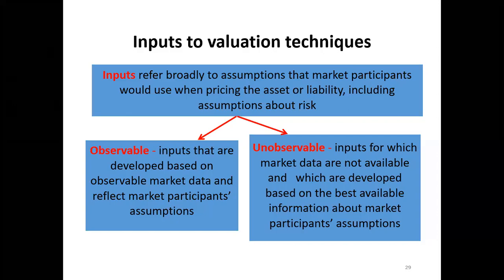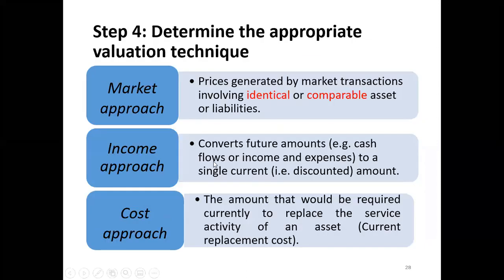So why can we not use the income approach in practice? Yes, the income approach can be used. The problem is, as I said, the subjectivity that it involves. When it comes to the market approach, that subjectivity is less. Here it involves what we call unobservable inputs. Prices in the market are observable; they are there in the market. But in the income approach, you rely on something that you create.